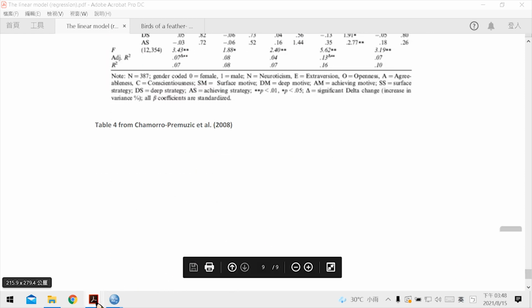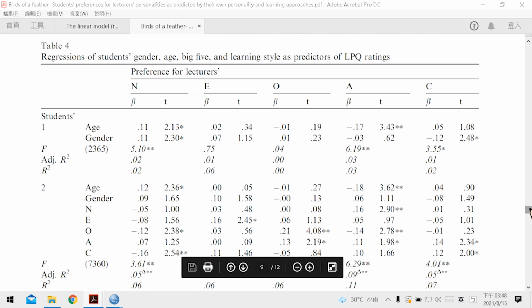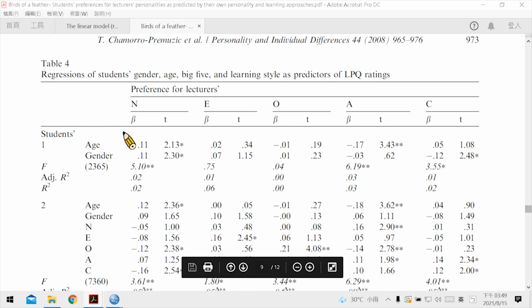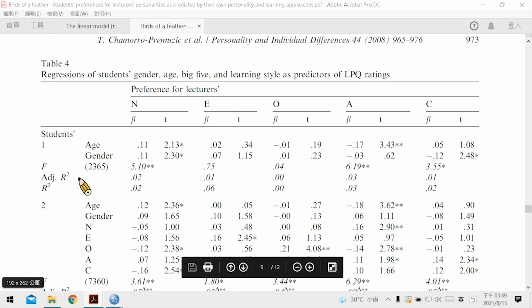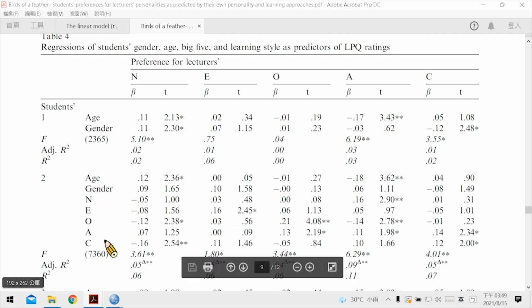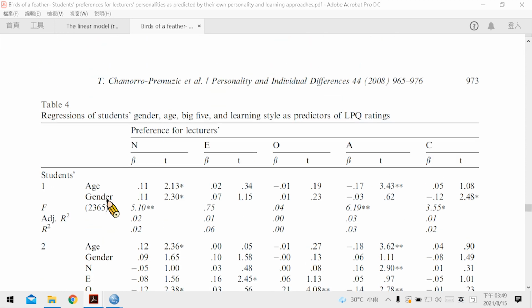You can read this article, and you see the multiple regression analysis. We do the dependent variable 5 times, and for the independent variables we have 2 stages. First stage is just age and gender, and then in the second stage we add the 5 independent variables.